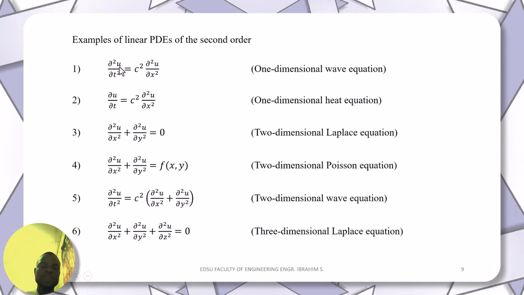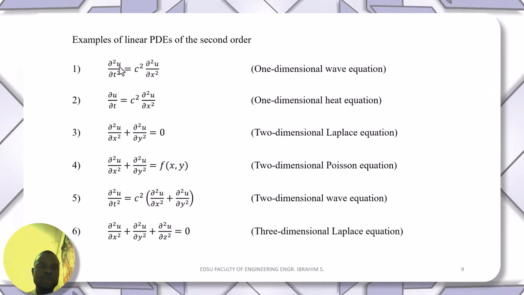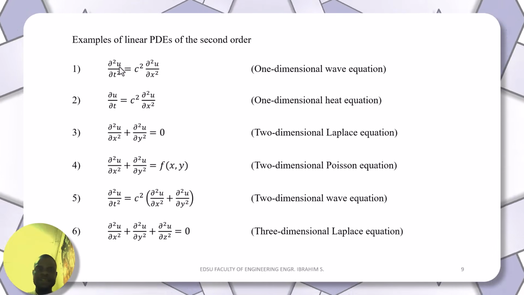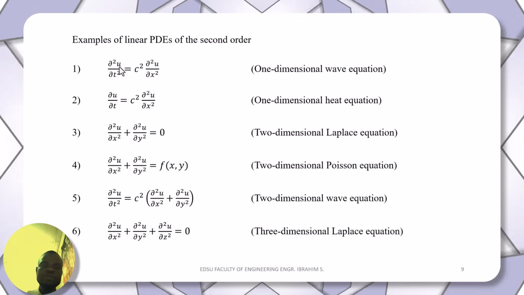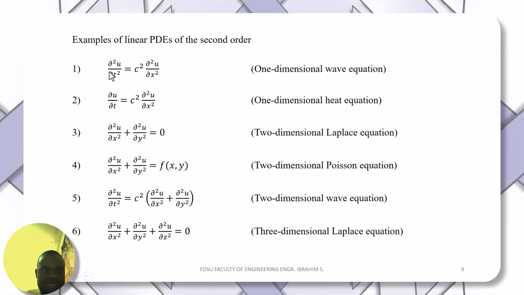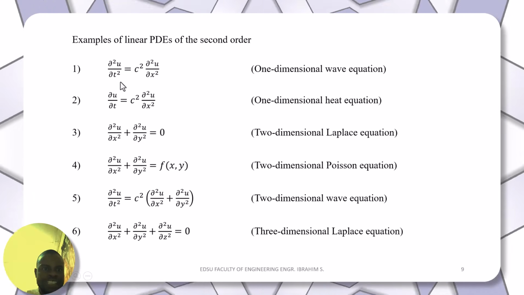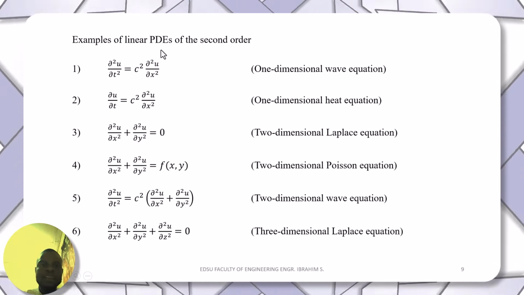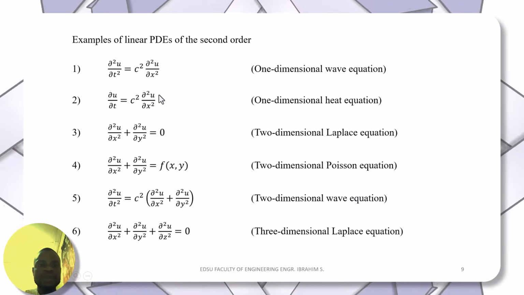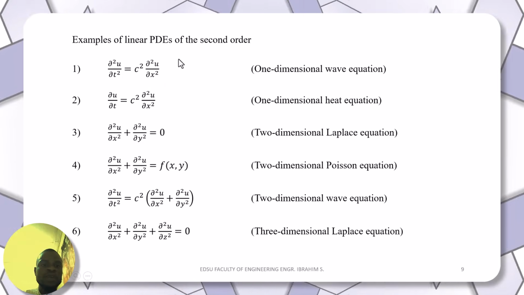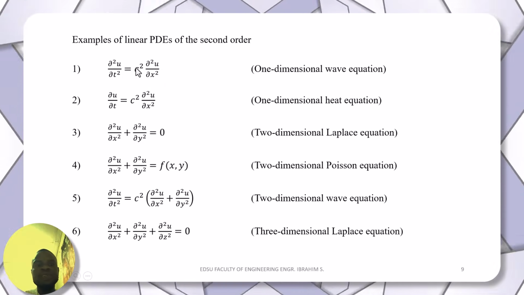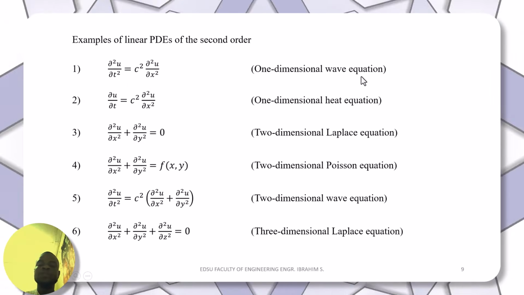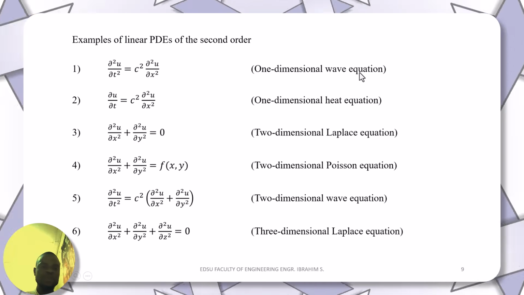Now if for instance we are given an equation with respect to t and x, maybe, and u, then you have to look for the second order partial derivative with respect to t. Then also look for the second order derivative with respect to x. Then you equate them to check if it can give you this. If it did not satisfy this equation, then it did not fulfill the wave equation.